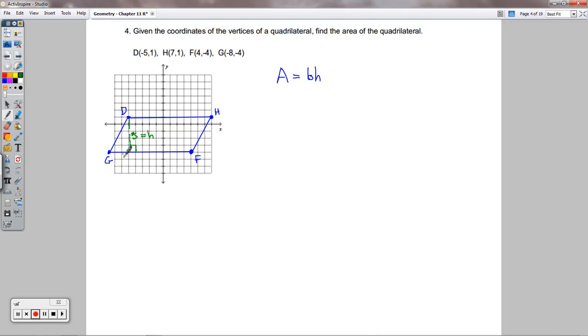This would be 1, 2, 3, 4, 5, 6, 7, 8, 9, 10, 11, 12. So your base is 12. You could also think about that being the difference between the x coordinates and the difference between the y coordinates going this way with these points. So we have the base 12 and the height is 5. That altogether is 60. There's no units given on this one, so you could say units squared.